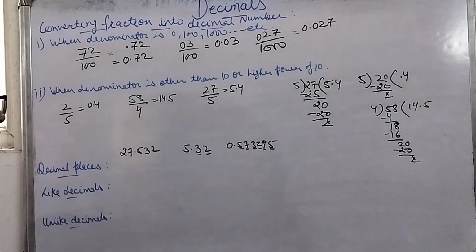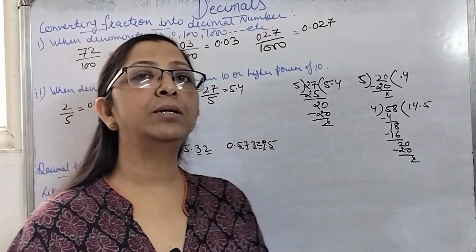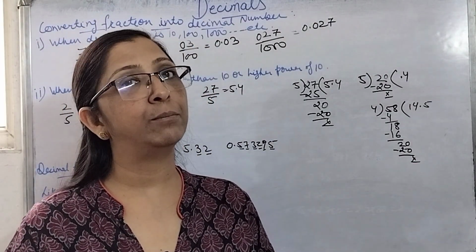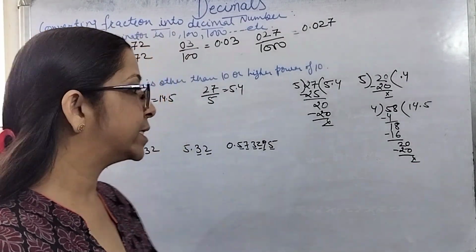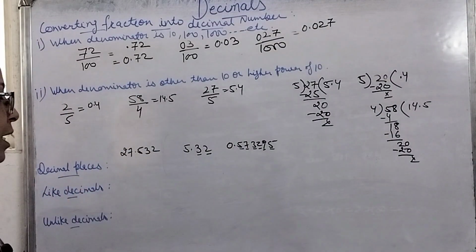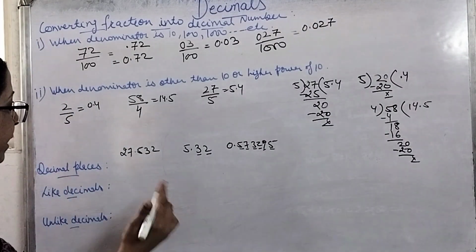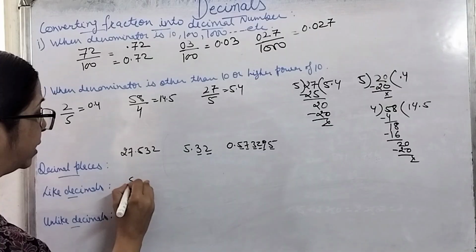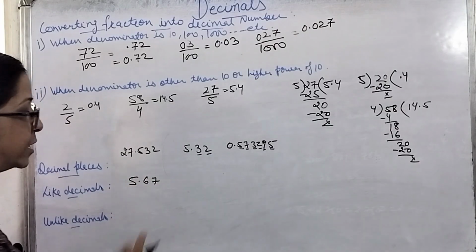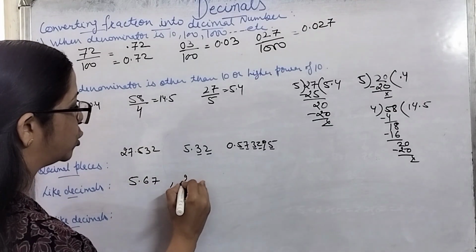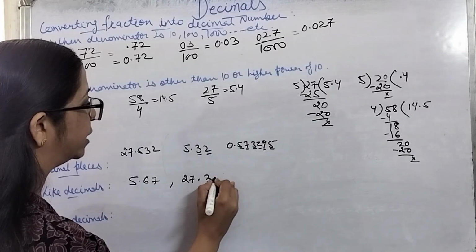Now what are like decimals? If the number of decimal places in the given decimal numbers is equal, we say that the given decimal numbers are like decimals. Like if I am saying 5.67, it is one of the numbers. Another number is 27.38.